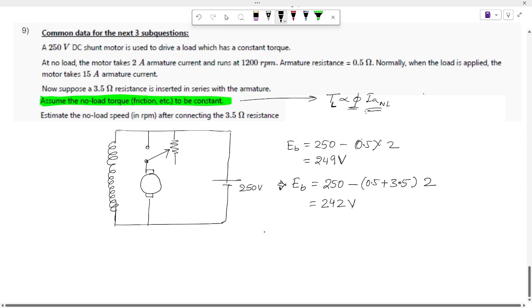Now, initially, again we can write EB is proportional to phi n. Initially EB was 249. Then, since flux is constant, I can write it directly as n.